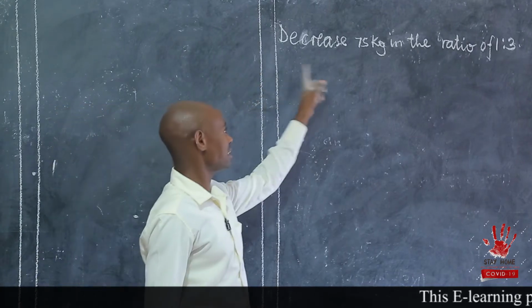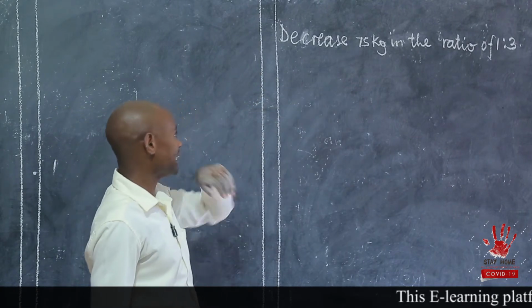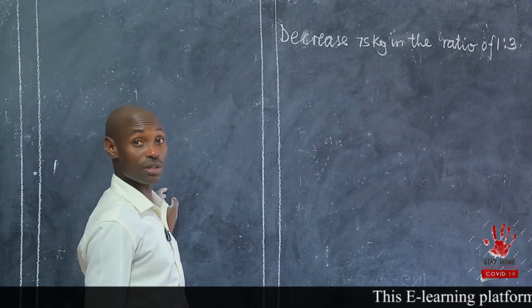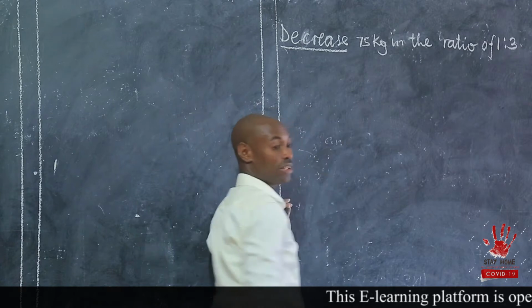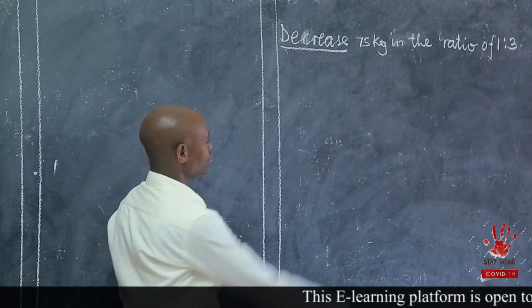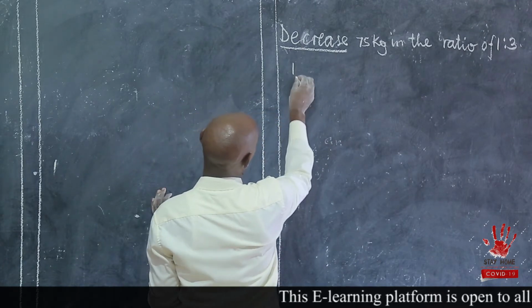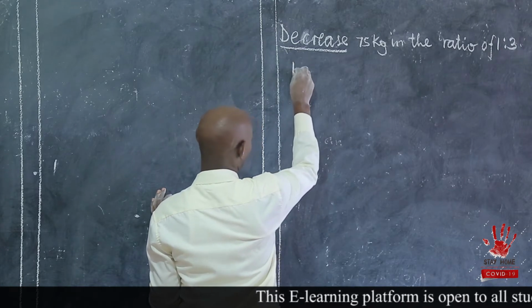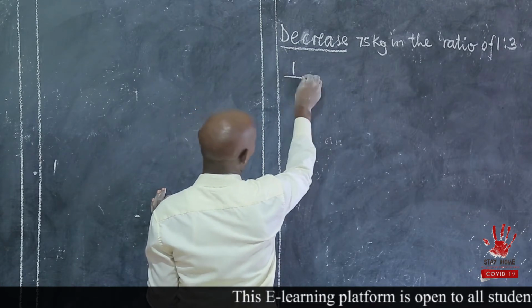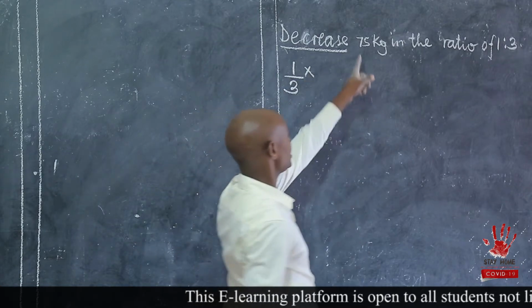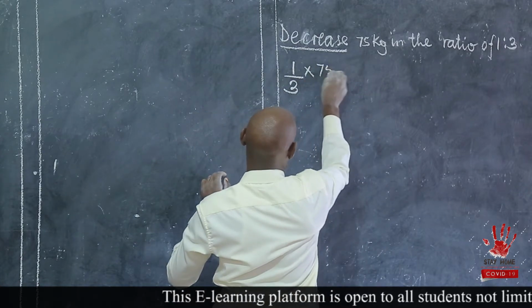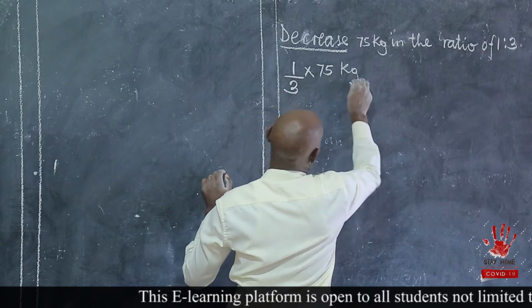So we are decreasing 75 kilograms in the ratio of 1 to 3. I told you when we talk about decrease, it means you are going to make your number smaller. So the numerator has to be smaller. So it is the smaller number out of the bigger number, which is 3, then times the given quantity, which is 75 kilograms. Okay?